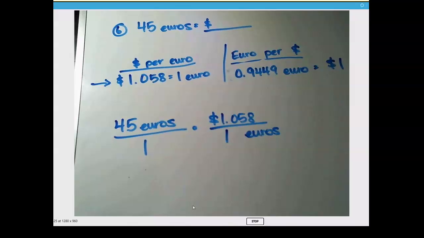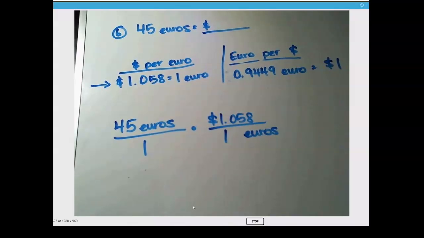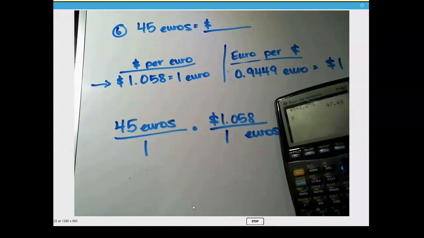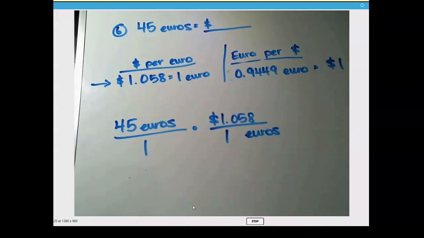Then I'm going to take it straight across. So 45 times 1.058 gave me 47.61.